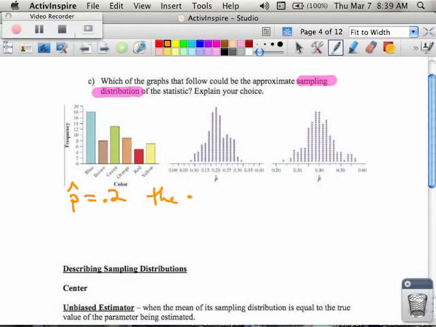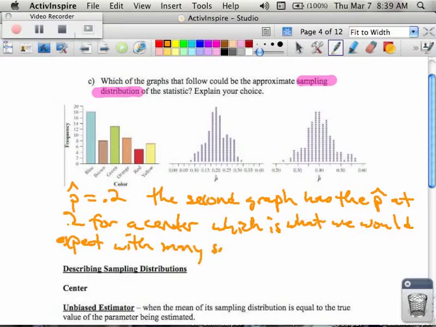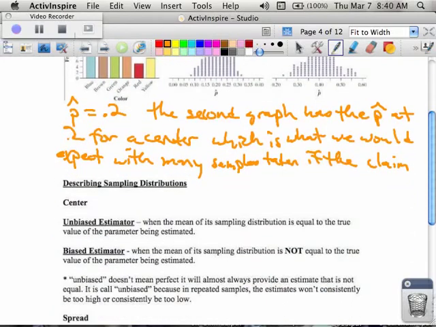So the second graph has the p-hat at 0.2 for a center, which is what we would expect with many samples taken if the claim of 20% orange M&Ms is true.